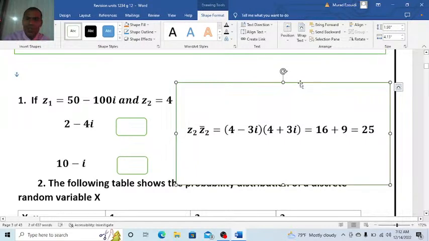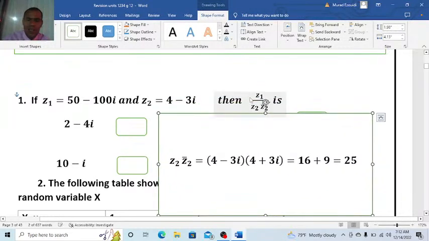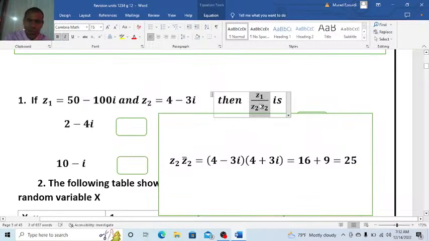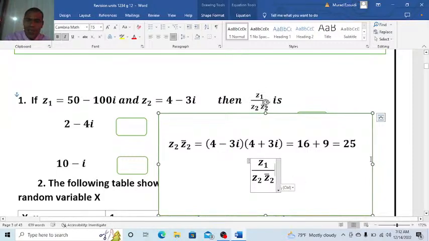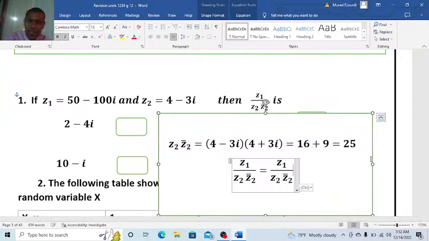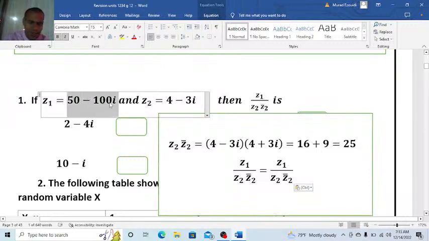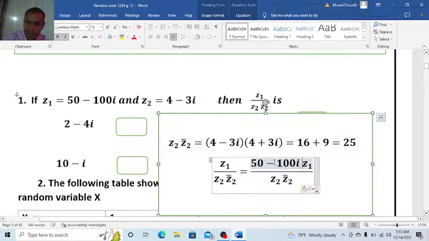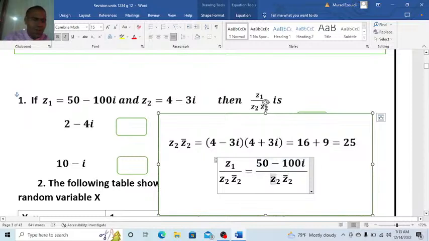Now, my learners, I will find the quotient of Z1 over Z2. Z1 equals 50 minus 100i, divided by the product of this number and its conjugate, which is 25.